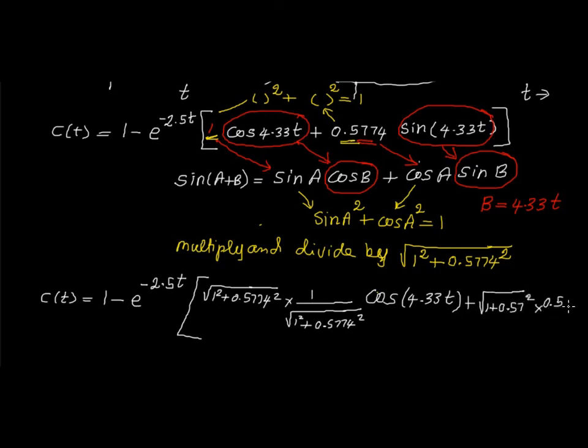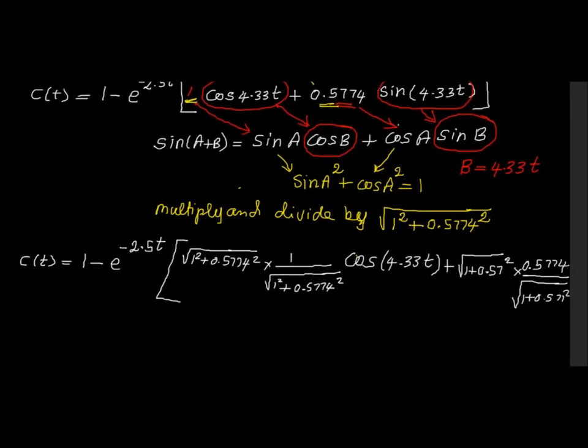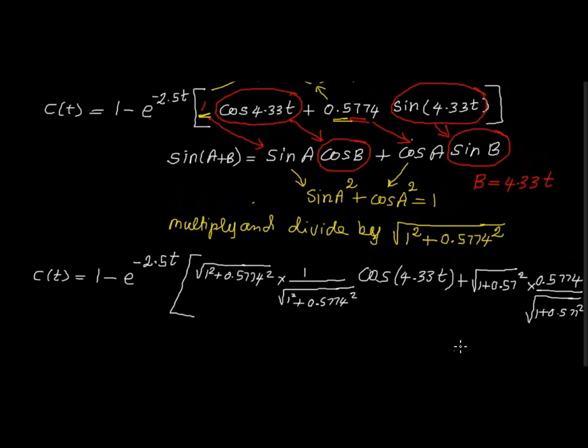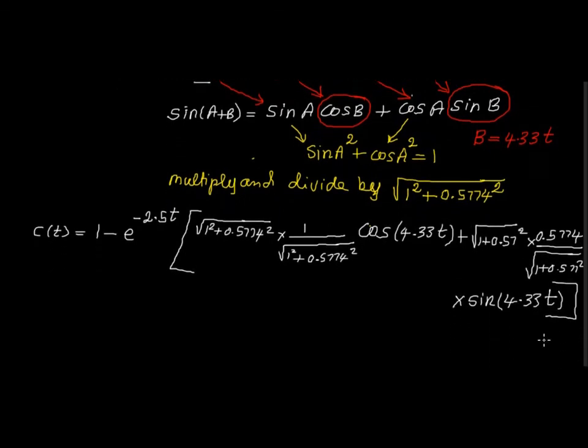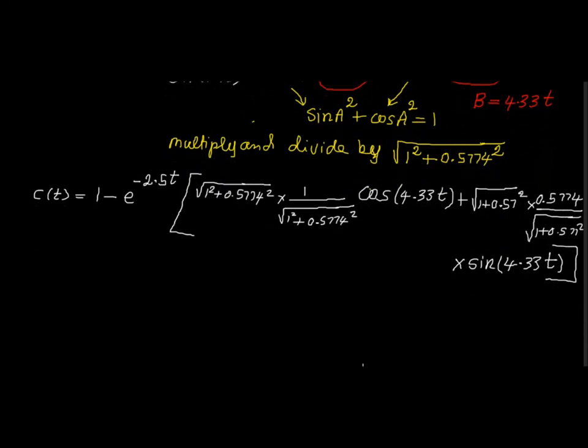Here also we are going to multiply and divide with the same term, so that we can select the correct value for a, which will satisfy sine a square plus cos a square equal to 1. So now we got this equation. So now we have a common term, square root of 1 square plus 0.5774 square, that we can take outside. So we will be getting this equation.